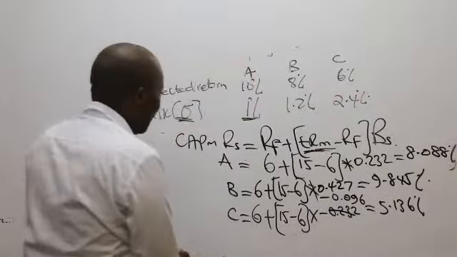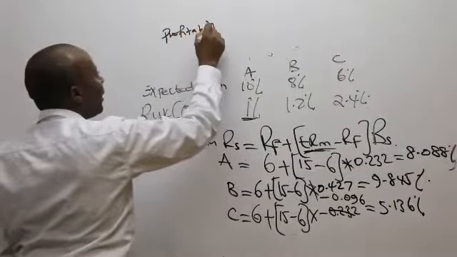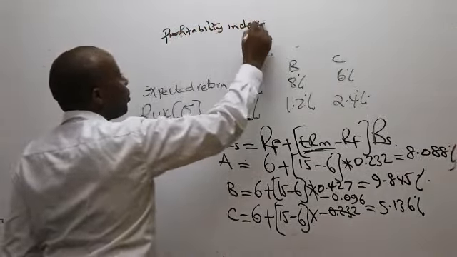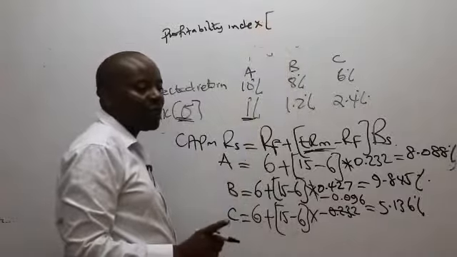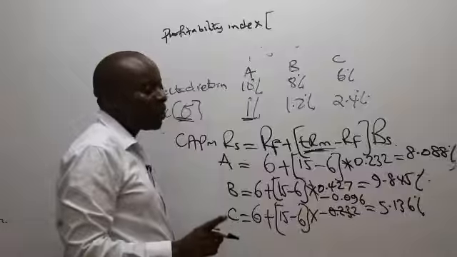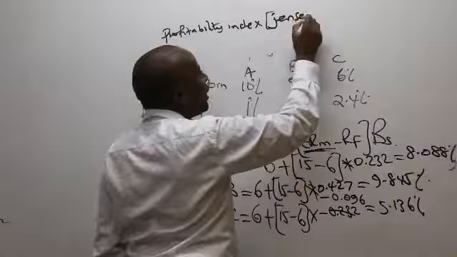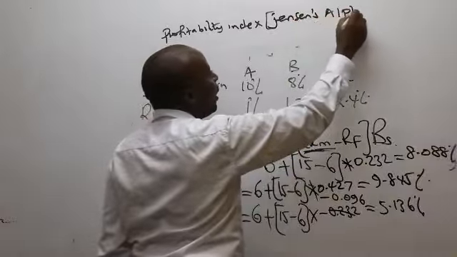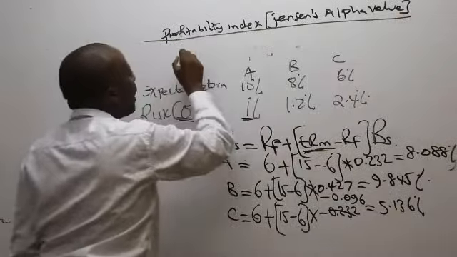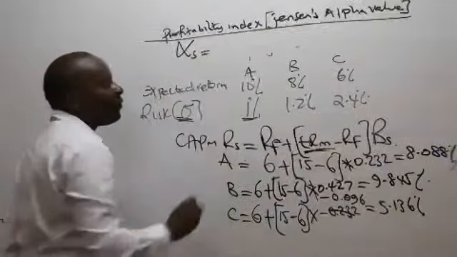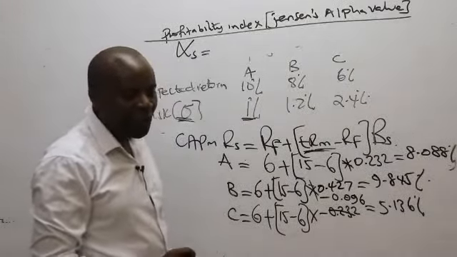It is what we use to decide between projects and say this project is a loss-making one, this project is a good one. So for the profitability index, we are supposed to calculate the Jensen's alpha value.